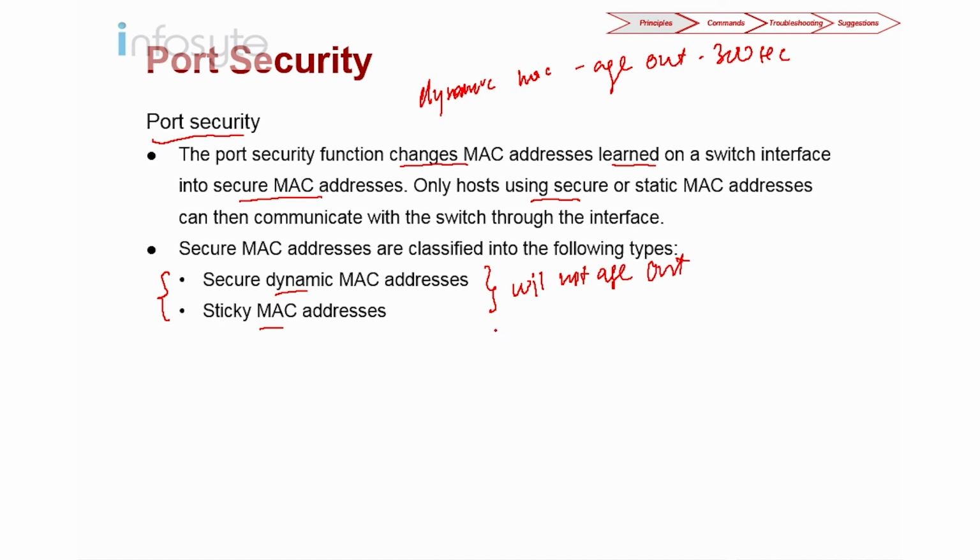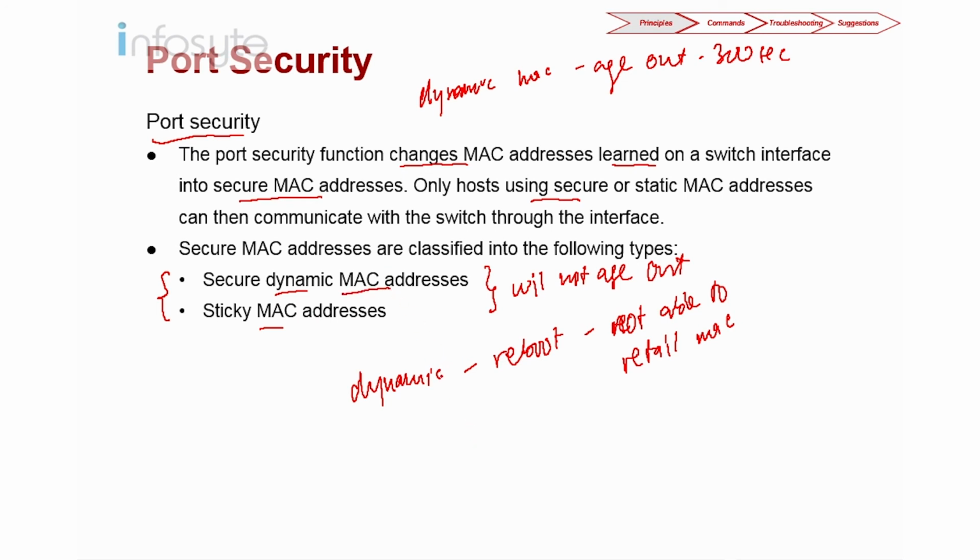The only difference between the secure dynamic and the sticky MAC address is this: when we use dynamic port security and you reboot your switch, the switch will not be able to retain the MAC. Once the switch restarts, you have to relearn on its own whatever MAC address communicates on that particular port that has port security.